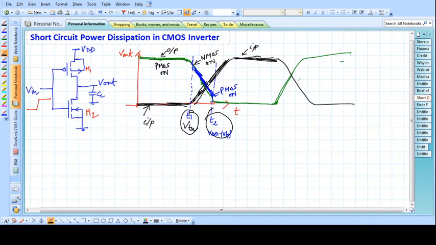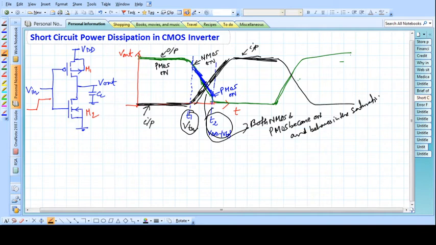both NMOS and PMOS become on and behave in the saturation region. After that there will be some current in the circuit.